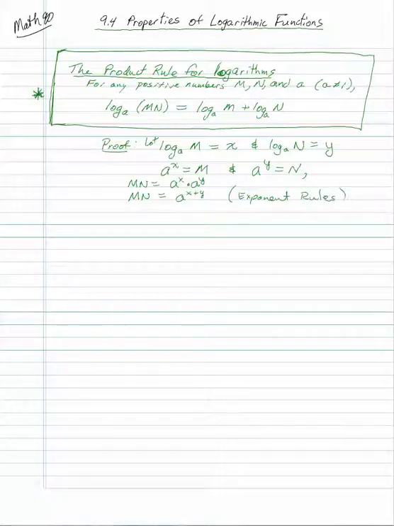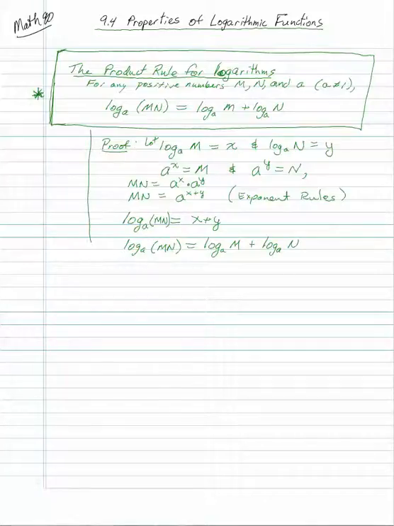And then we go back to our defining statement about logarithms and convert this to log. So that tells us log base a, remember log equals the exponent, and then convert x, we defined x to be log base a of m, and we defined y to be log base a of n.